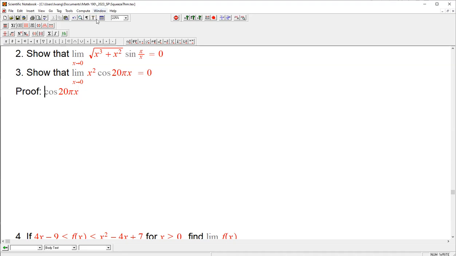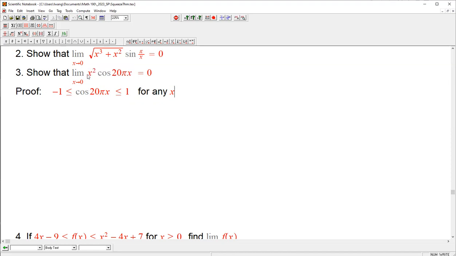This is between -1 and +1, and this will be true for any real number. The domain for this function is all real numbers, so 0 is also included.